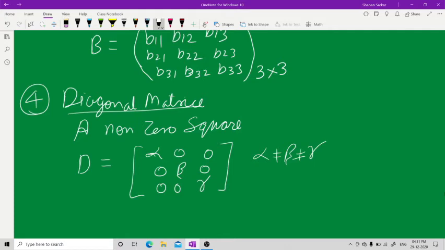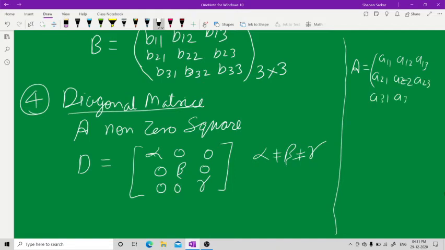And one more thing, what is the diagonal of a matrix? I need to tell you here. Any matrix you write: A11, A12, A13, A21, A22, A23, A31, A32, and A33.